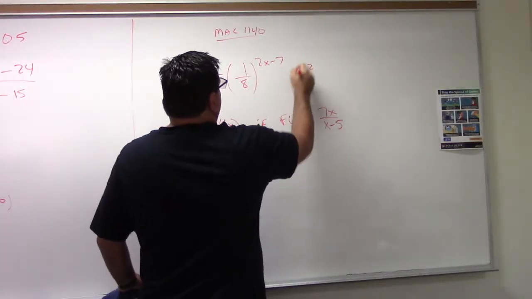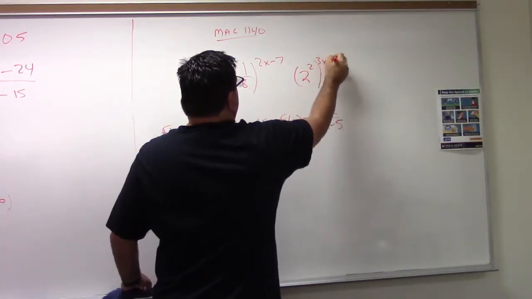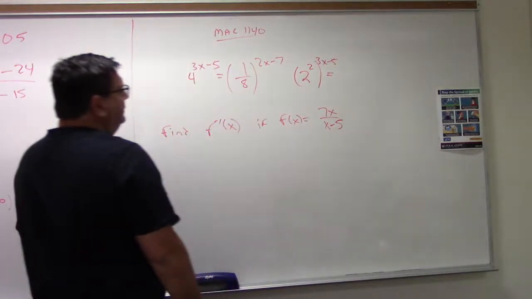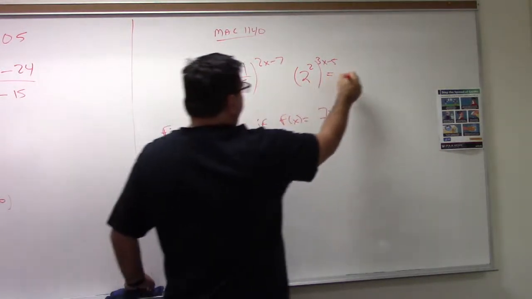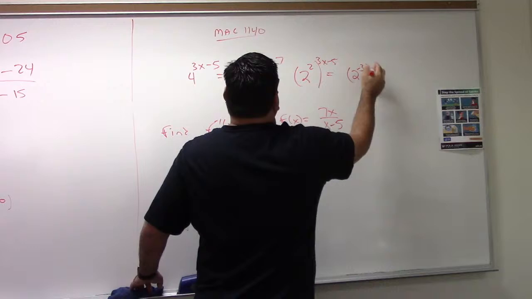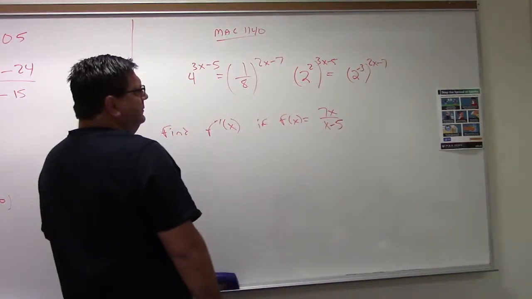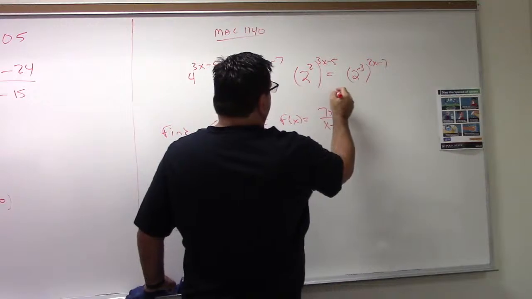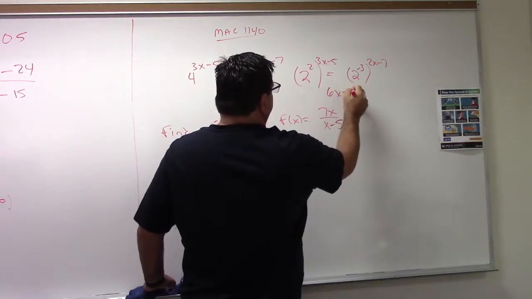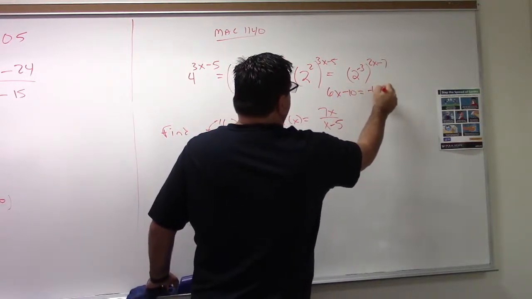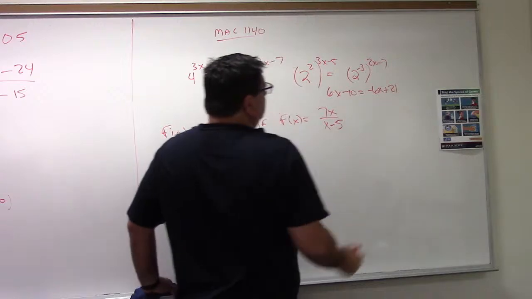Two to the 3x minus 5, yeah? 8 is 2 to the negative 3, to the 2x minus 7, yeah? So this becomes 6x minus 10 equals negative 6x plus 21.